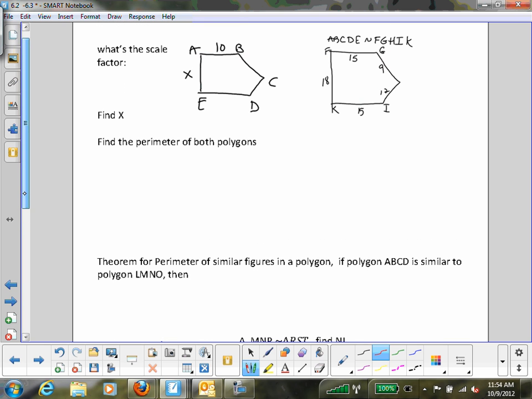All right, so what's the scale factor on this one? You do this one yourself. Find the scale factor and find x. Show me mathematically how to do this one.